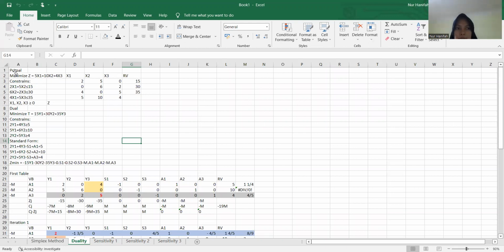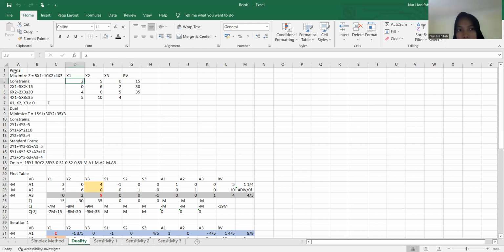And next, we will look for the duality. This is the primal form, maximize, and we're going to look for the dual. Because the primal is maximized, the dual is minimized. We make the table here with x1, x2, x3, and the right value.